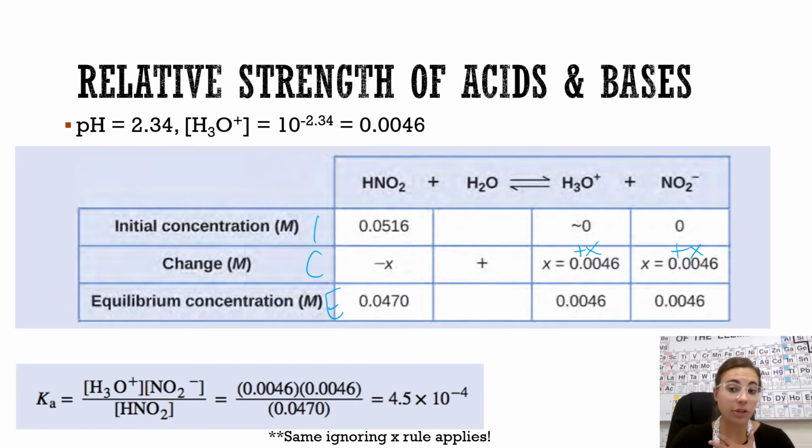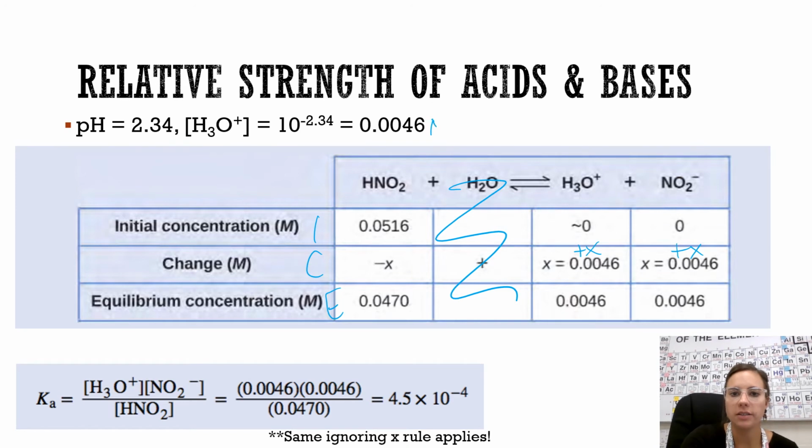What I typically do, and you'll see in the rest of the problems, is I just mark through water so I don't forget and accidentally fill things in for it, because water is a pure liquid and it does not appear in equilibrium expressions. We can't change its concentration. Okay? So then when I know the pH, I take 10 to the negative pH and I get 0.0046.